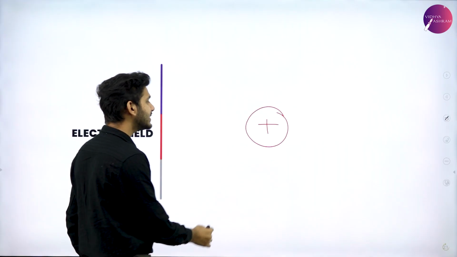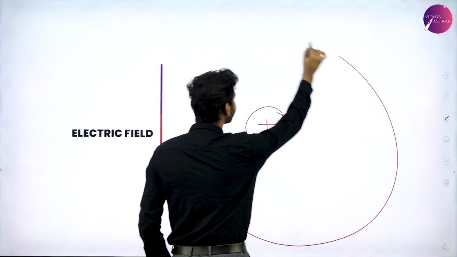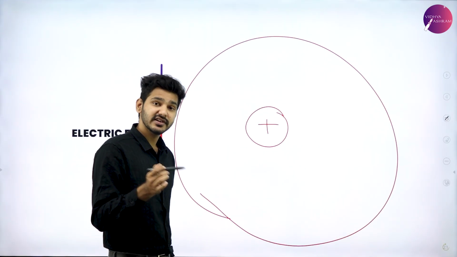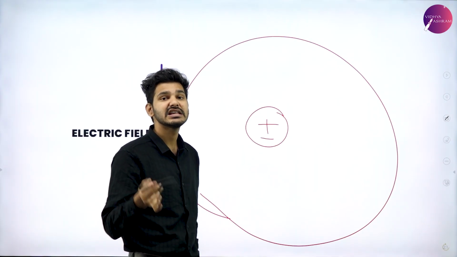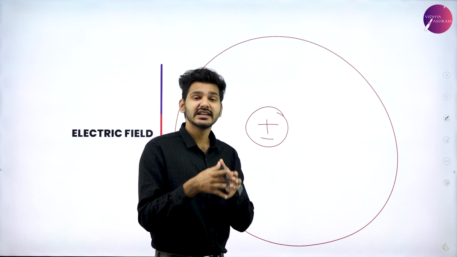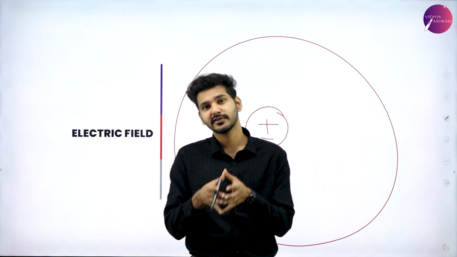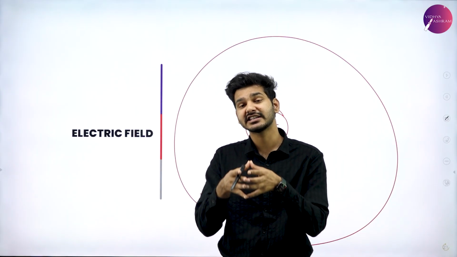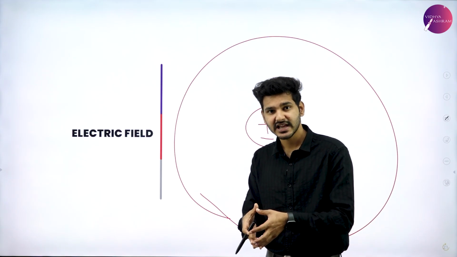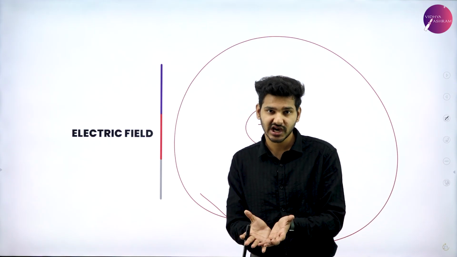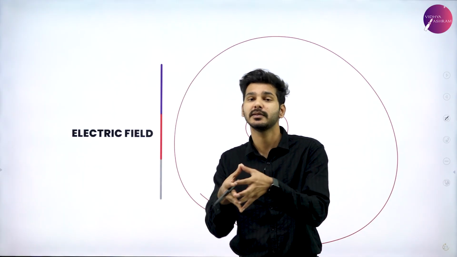Okay, and it will have an electric field around it. Even if it is positive or even if it is negative, it will have an electric field around it. The electric field is explained as the force a charged particle experiences when placed at a point, which simply means that there is an area around the charge where the force of that particle will be felt.